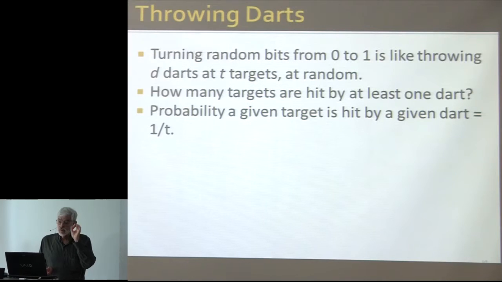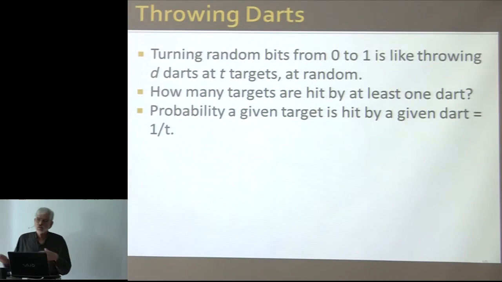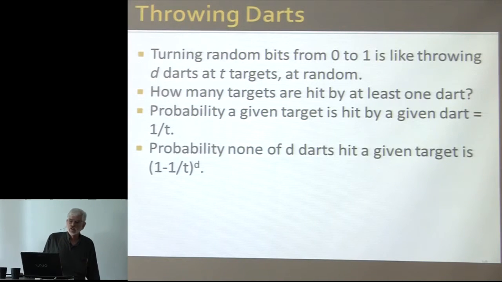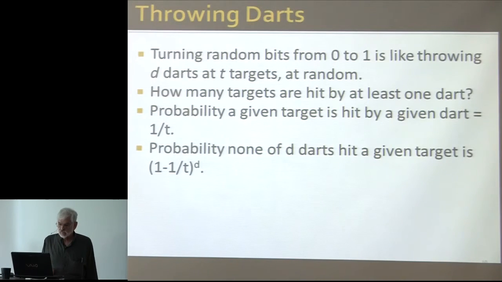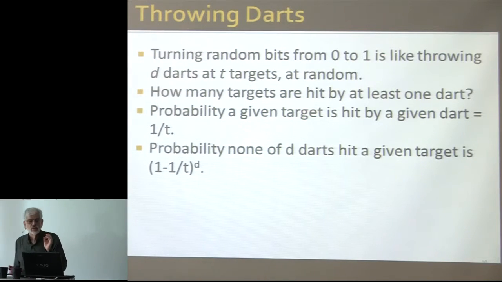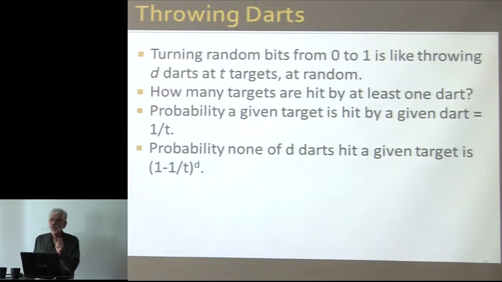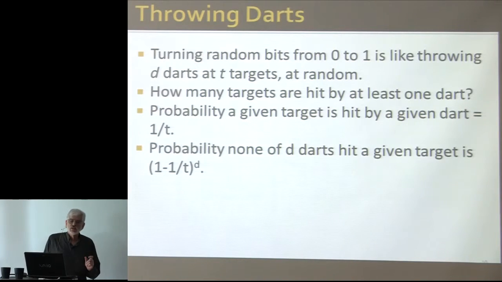Okay, the probability, if I throw one dart, that any given target is hit is 1 over t, the number of different targets. Now, I claim the probability that I throw d darts and a particular target is not hit is this.